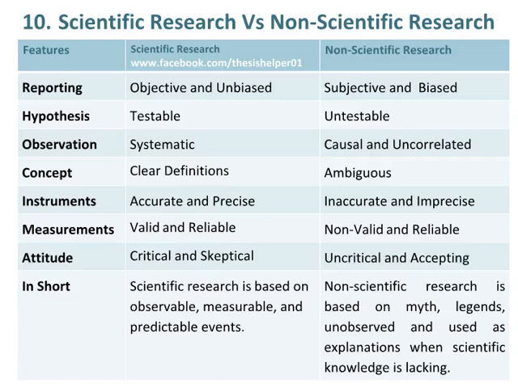Attitude in scientific research is critical and skeptical, whereas attitude in non-scientific research is uncritical and accepting. In short, scientific research is based on observable, measurable, and predictable events, whereas non-scientific research is based on myth, legends, and the unobserved, and is used as explanations when scientific knowledge is lacking.